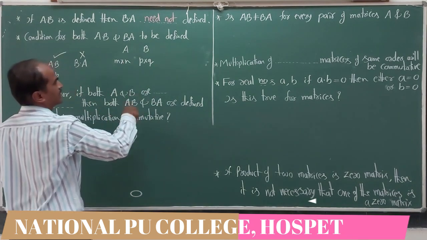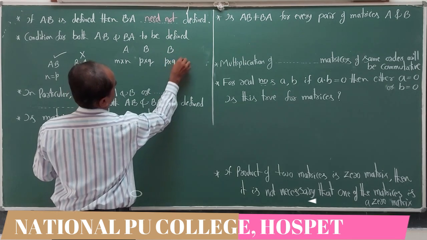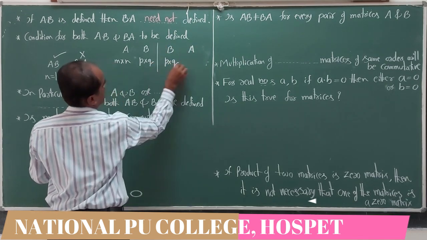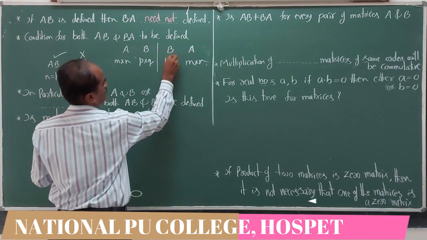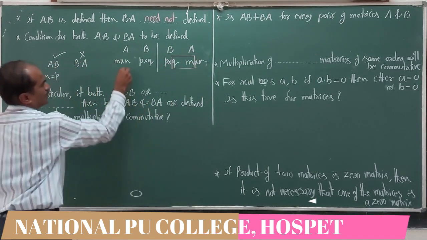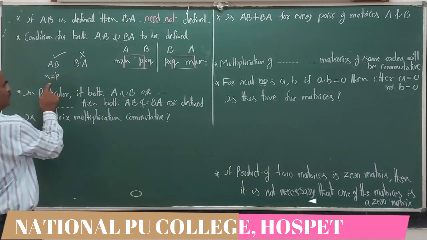When B into A is defined, B matrix order p by q, A matrix order m by n. In order to say that AB is defined, n must be equal to p.